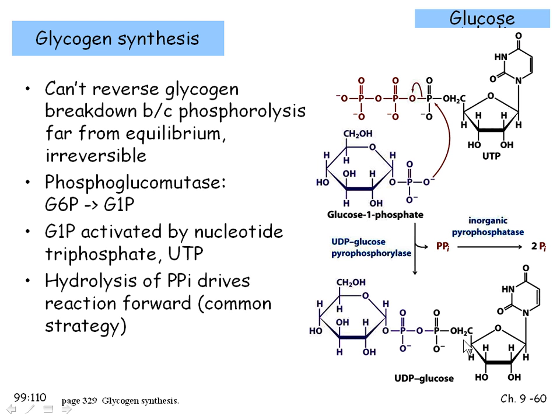So it's uridine diphosphate with the glucose hanging off of it. That phosphate was on the glucose 1-phosphate, that phosphate was on the UTP. And this is what we call an activated sugar. And we're going to see this strategy of sticking a nucleotide hanging off of a sugar in a number of different contexts. It seems to be a strategy that the cells like quite a lot.